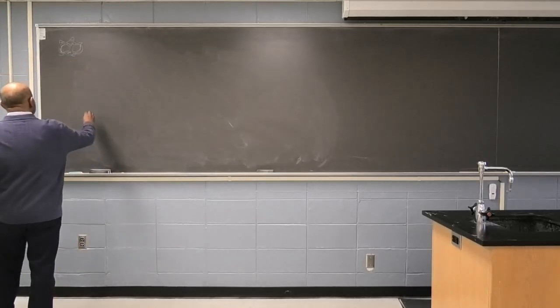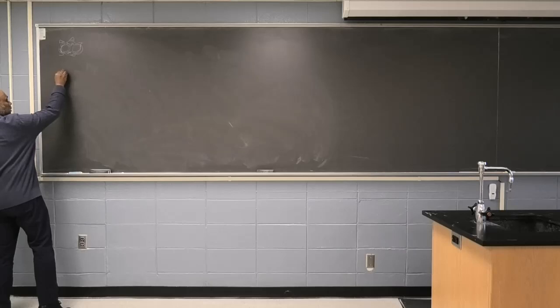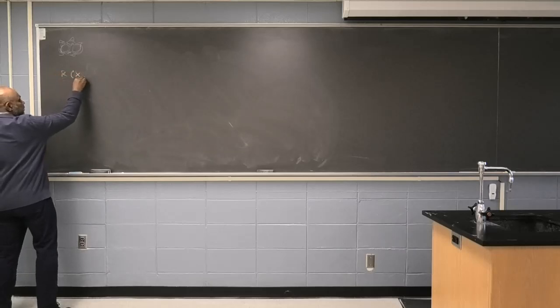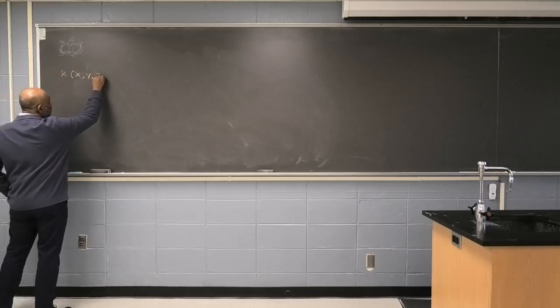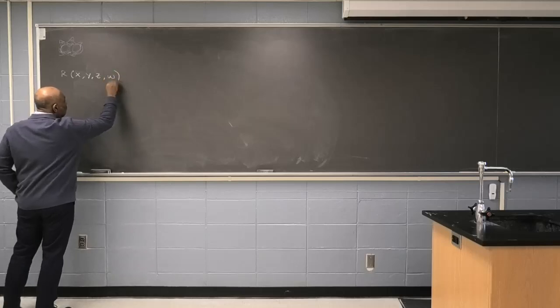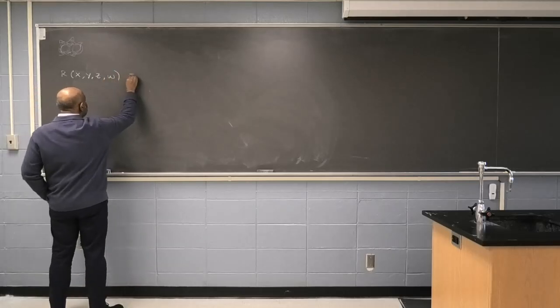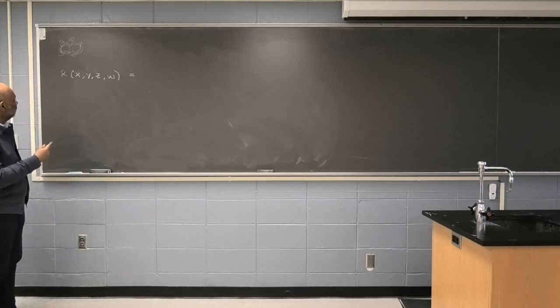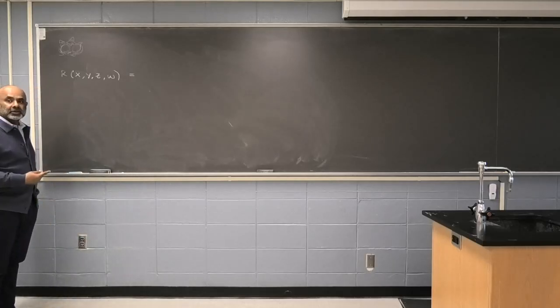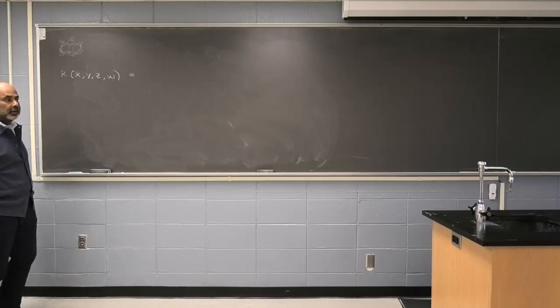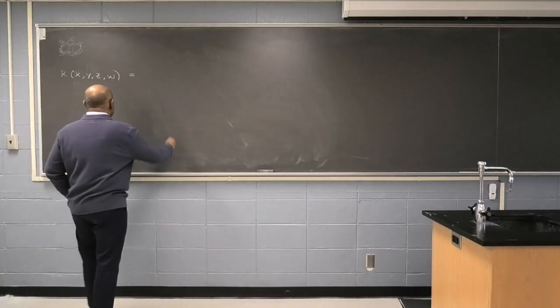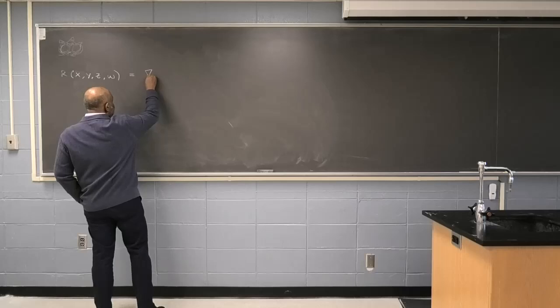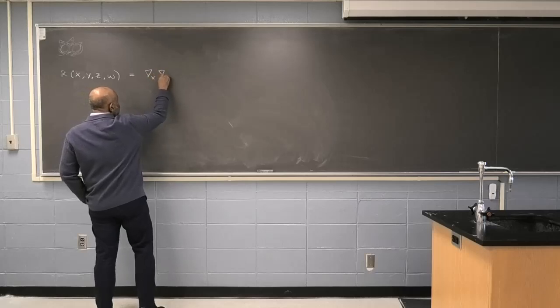So recall, and I write this largely for my benefit as well, this is the definition of the Riemann curvature tensor. It's a rank 4 tensor, or some might even say 1-3 or 3-1, I can't remember, but it takes 3 vector fields and 1 dual vector and returns a scalar.